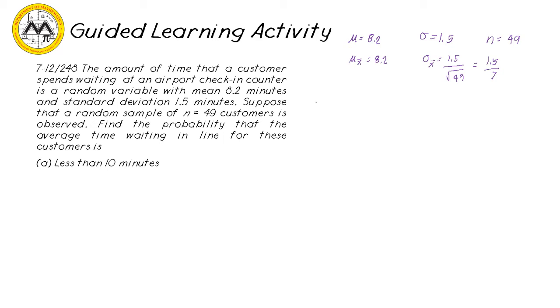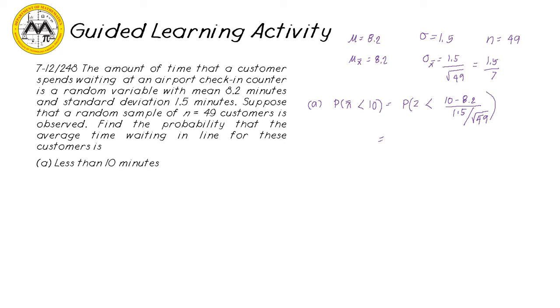So for letter A, the probability that the sampling distribution of the mean would be less than 10 is equal to the probability that the z value is less than 10 minus 8.2 over 1.5 over square root of 49.